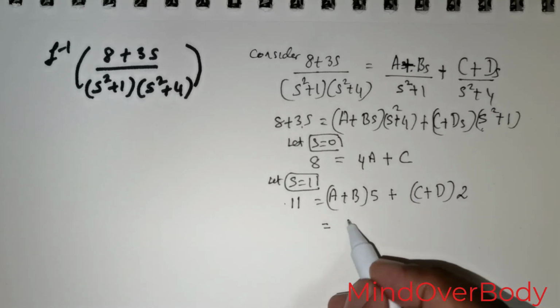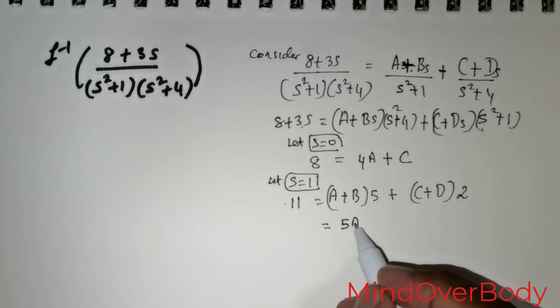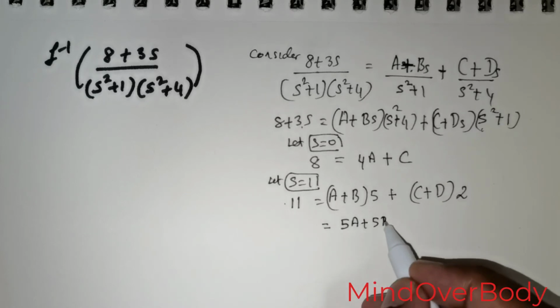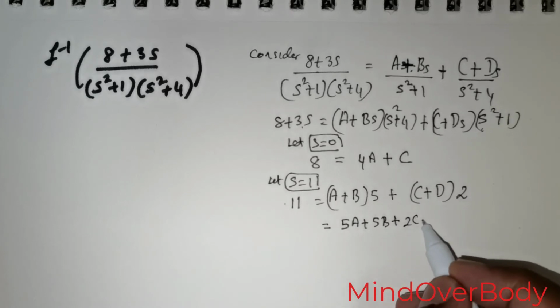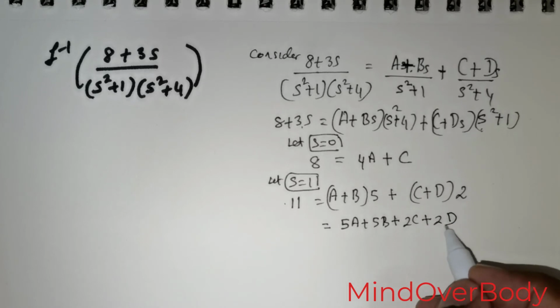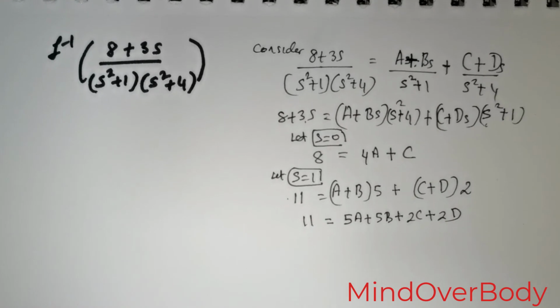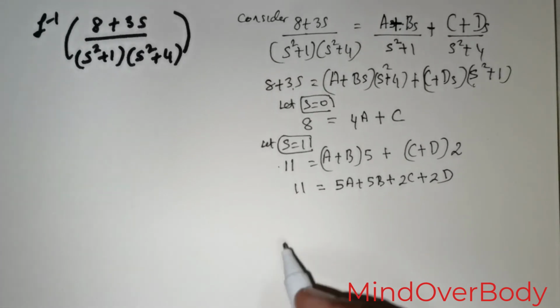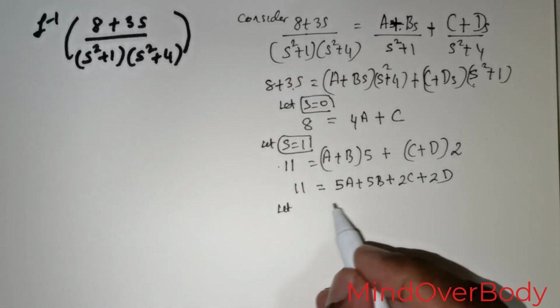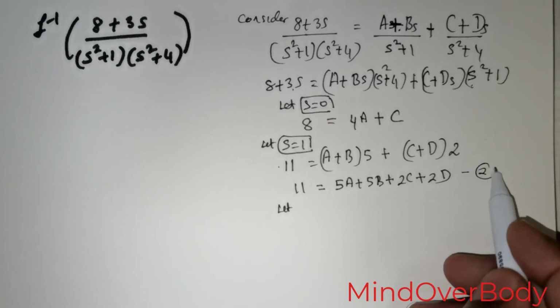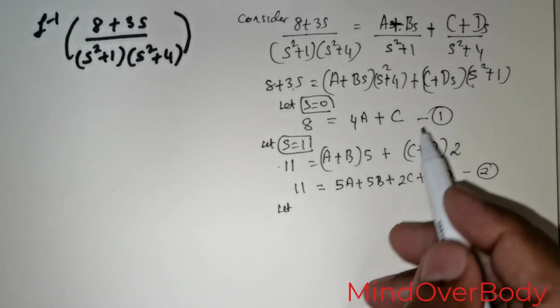So if I were to rewrite this, I get 5 times a + 5 times b + 2 times c + 2 times d is equal to 11. Now I will have to take one more value for s. So let me name it as equation 2.